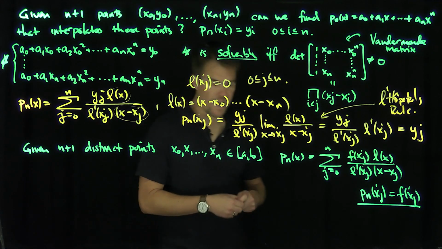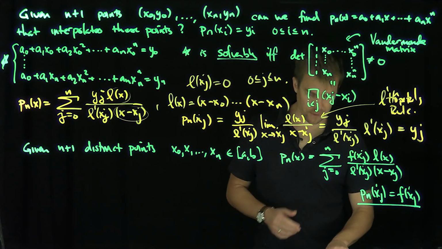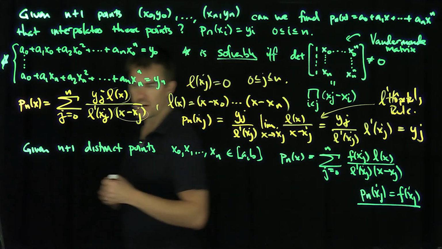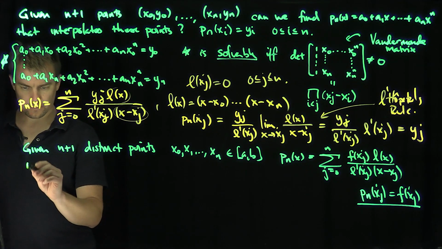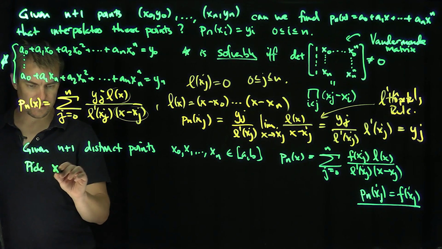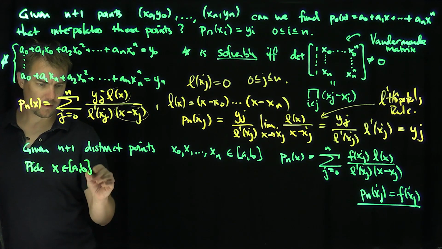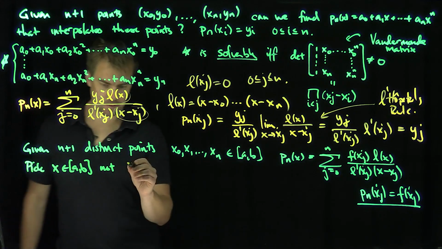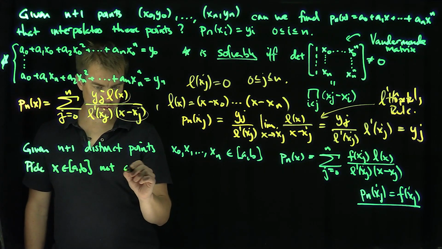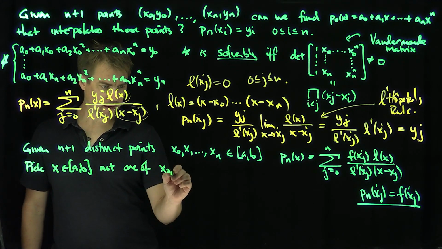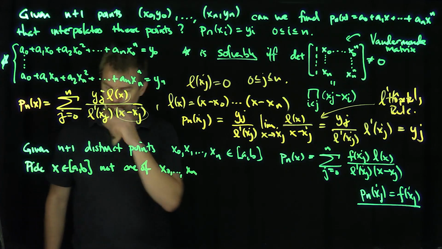And so now I'm going to add one more point to this and get an inequality. So let's do this now. Pick x in [a,b], not one of the points x0 through xn.